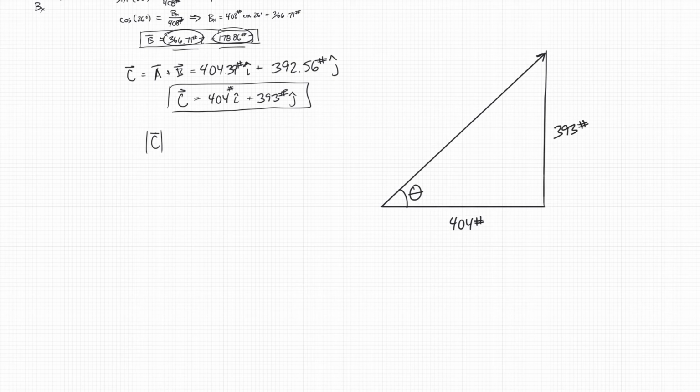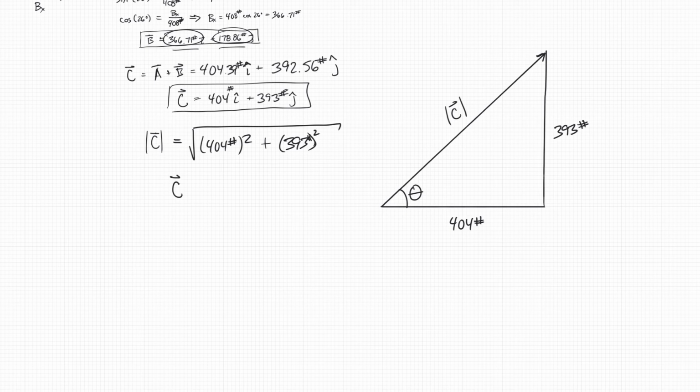Okay, and so we want to know what is the magnitude of c here, right? And so we're going to use the Pythagorean theorem, which is that c equals the square root of a squared, 404 pounds squared, plus b squared, 393 pounds squared.